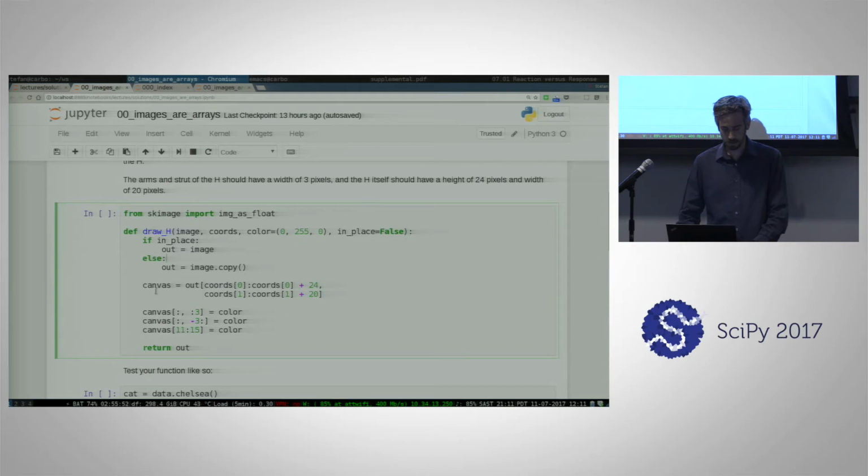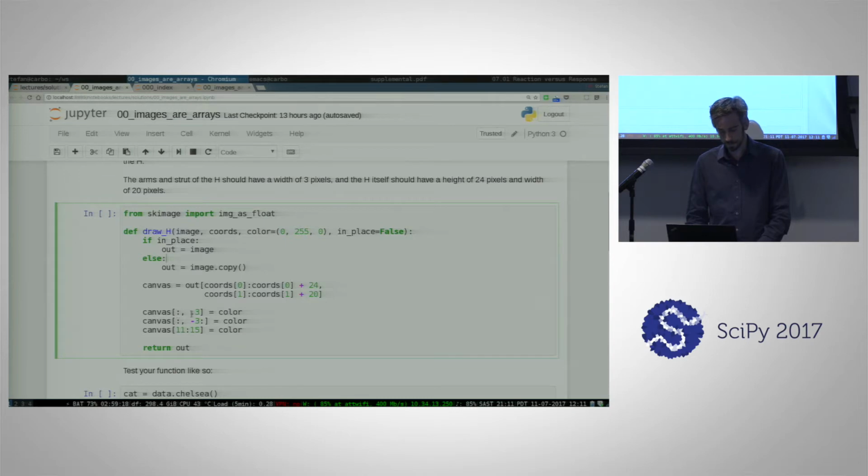But what I did was I said canvas is the first row coordinate, and I slice from there to that same coordinate plus 24. So that gives me my 24 high. And then the column coordinate to the column coordinate plus 20. That gives me the 24 by 20 block that I want to work on.